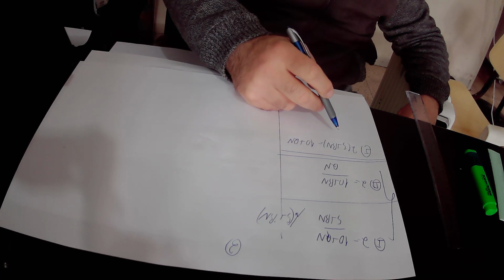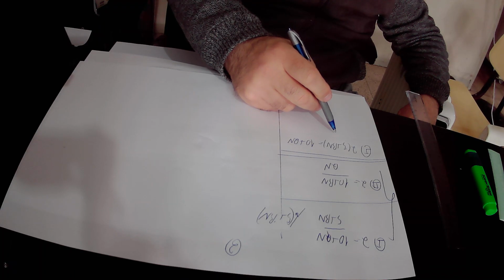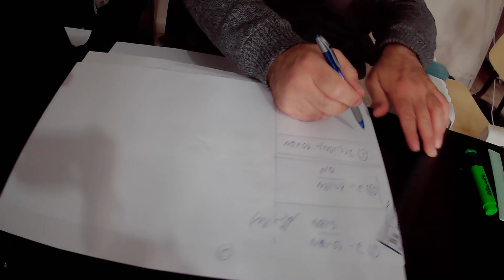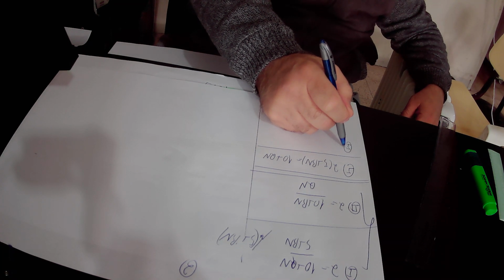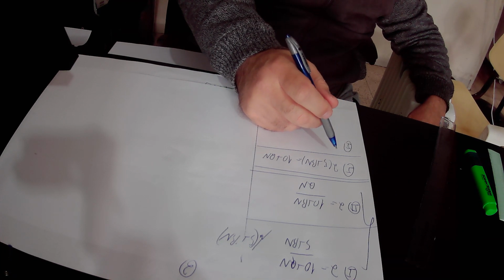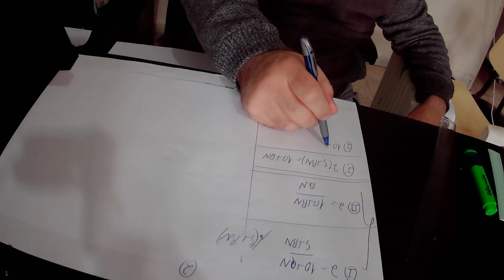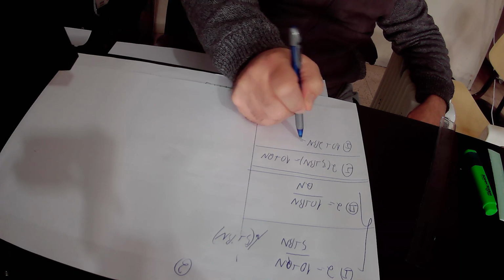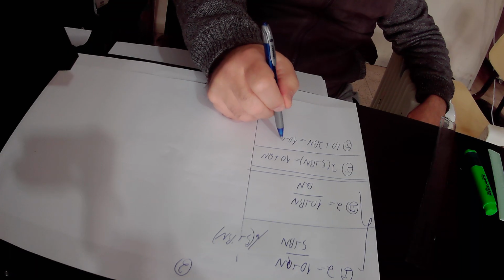Here we open the brackets on this side of equation number 1, and we get 2 times 5 is 10, plus 2 times BN is 2BN, that is equal to 10 plus QN.